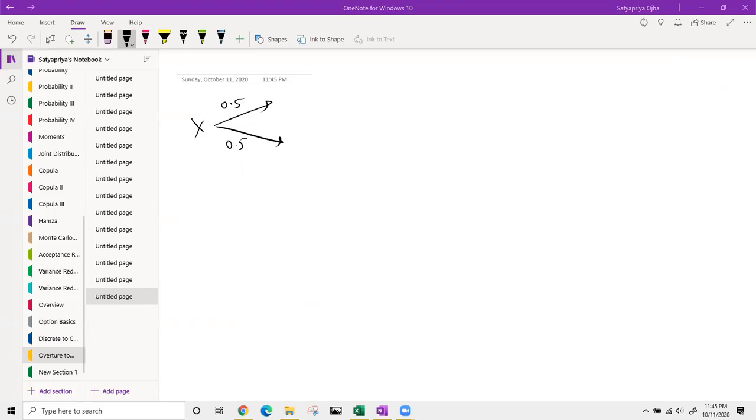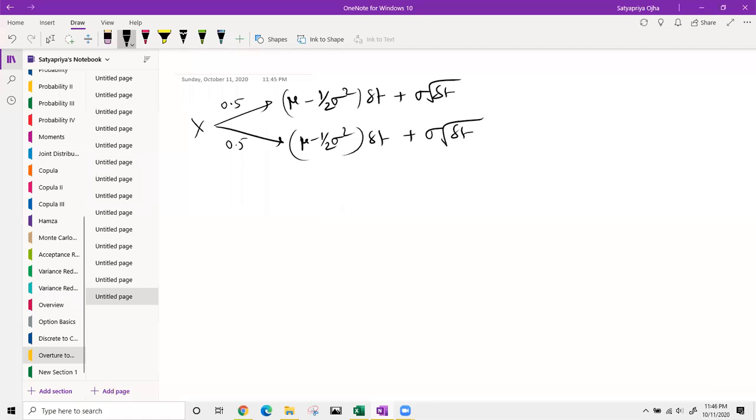All right, so what we can do is, hold on, let me write it neatly. Mu minus half sigma square is the adjustment in the drift: mu minus half sigma square delta t, plus or minus sigma square root of delta t. And so this will take me to this distribution.